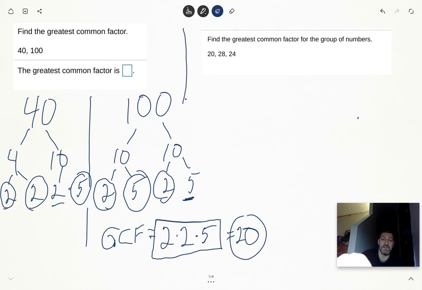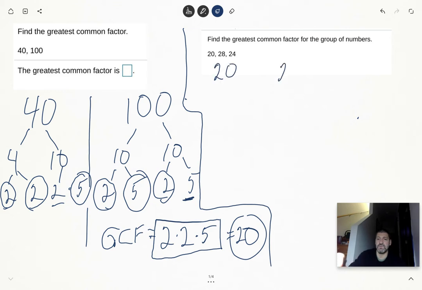It's going to be the same method when we're dealing with three numbers. So if I have a 20, a 28, and a 24. If you can do this in your head without doing factor trees, that's fine, but it's a method if it doesn't pop into your brain. 4 times 5, 2 times 2 times 5.